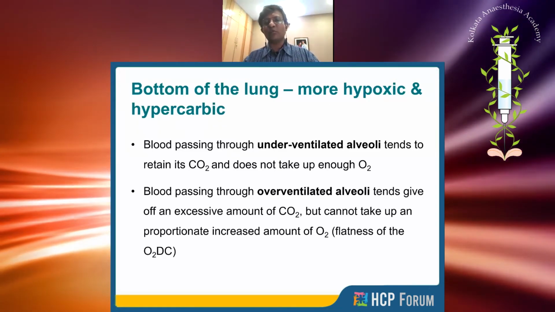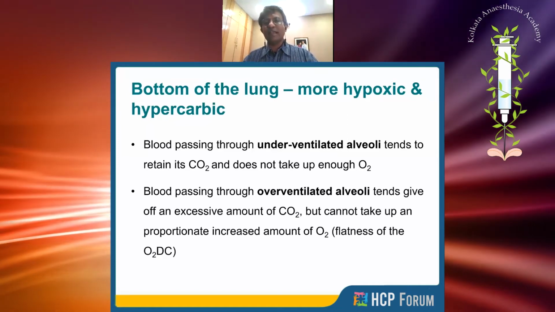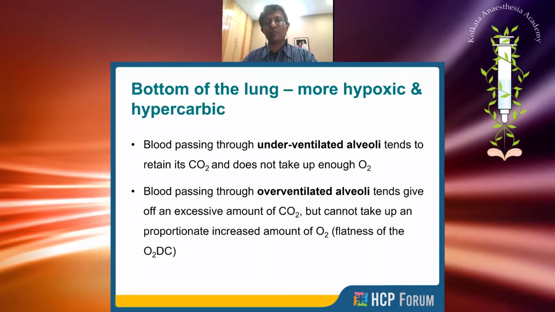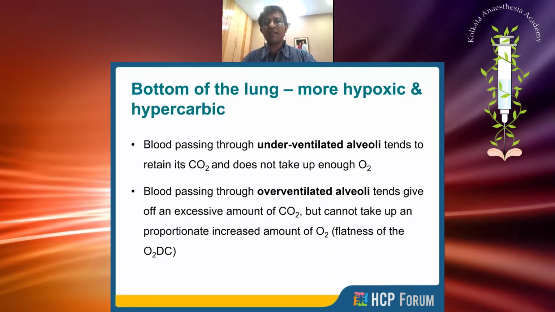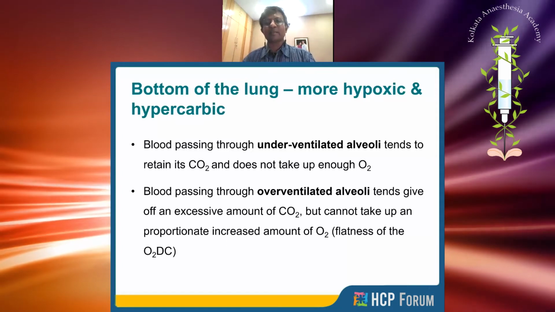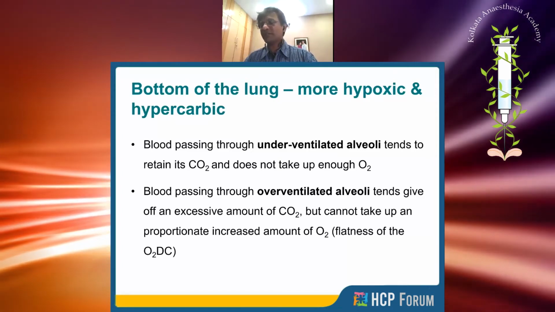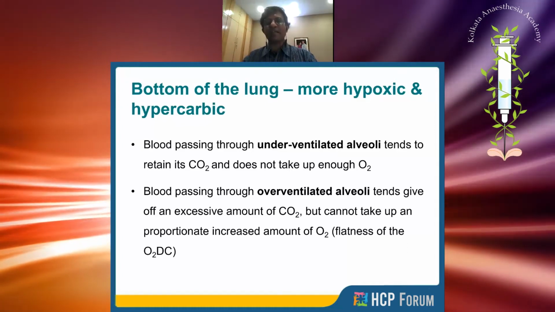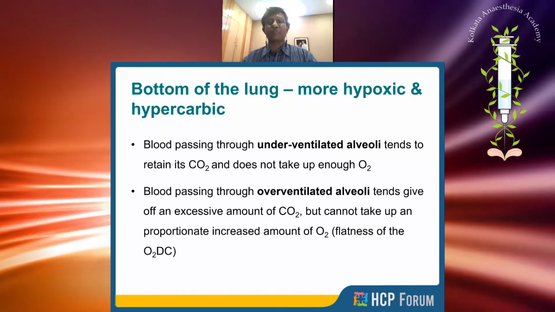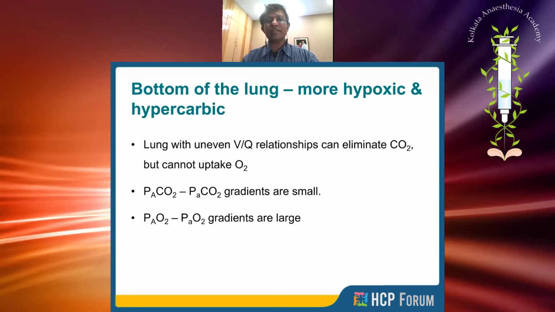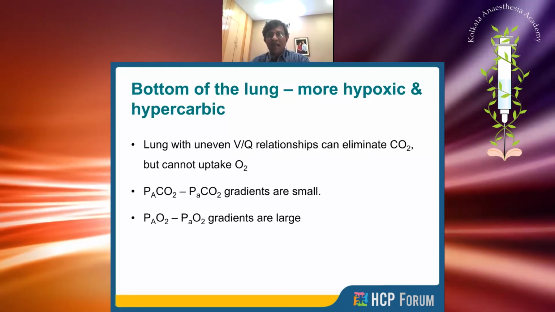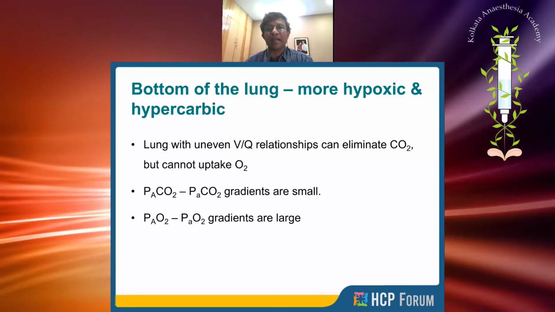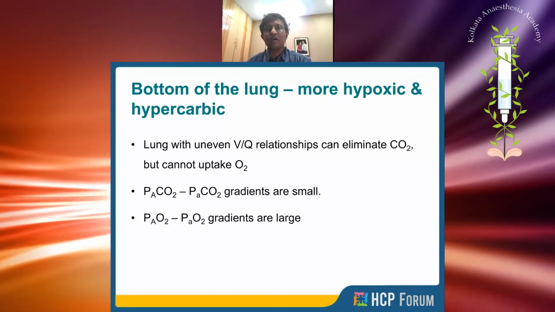But while it is passing through an overventilated alveoli, which is rich in oxygen, it tends to give off an excessive amount of carbon dioxide, which is essentially because the slope of the carbon dioxide dissociation curve is linear, but it cannot take up a proportionately increased amount of oxygen, because if you remember, the oxygen dissociation curve is sigmoid shaped, and over there it might be at the flatness, and that is why it is not able to take up a proportionately increased amount of oxygen, which leads to a phenomenon that a lung which has uneven ventilation perfusion relationship can better eliminate carbon dioxide than it can take up oxygen.